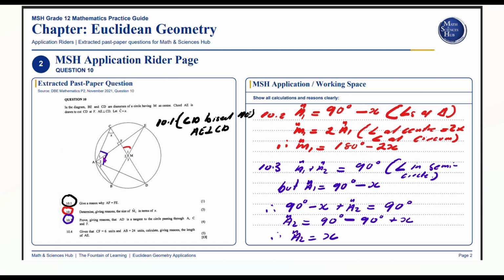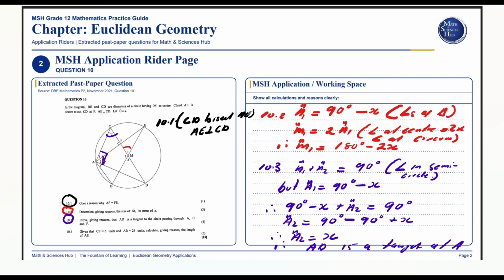So if angle A2 equals x, therefore AD is a tangent at A. Why? Because this angle equals x, therefore this angle equals that one, therefore this is a tangent.